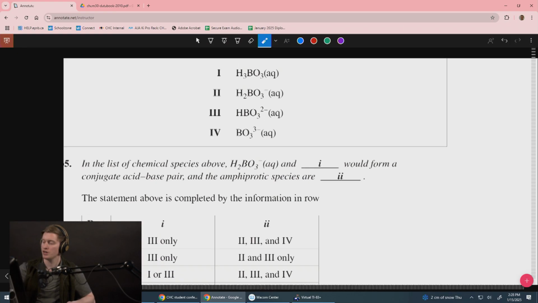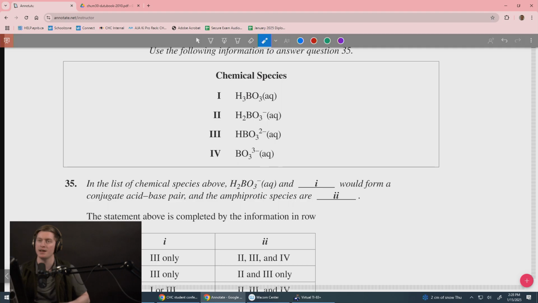Okay, a conjugate acid-base pair means that the one can become the other by an acid-base reaction. This could be a conjugate acid-base pair with either the boric acid above it or with the hydrogen borate below it.